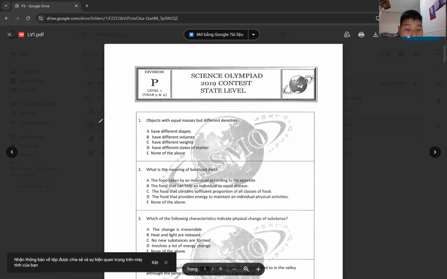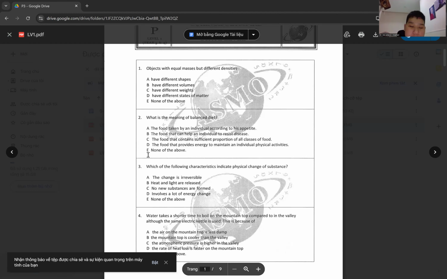Question 3 asks you whether these following characteristics indicate a physical change of substance. This is very easy. No new substances are formed. In a physical change, you only change some of these. First of all, the shape. Signs of physical change are, for example, the shape.